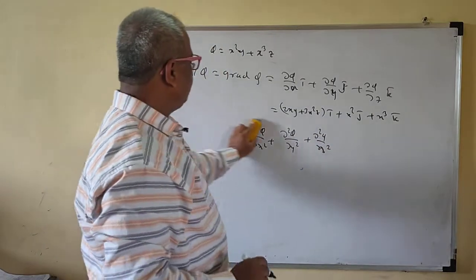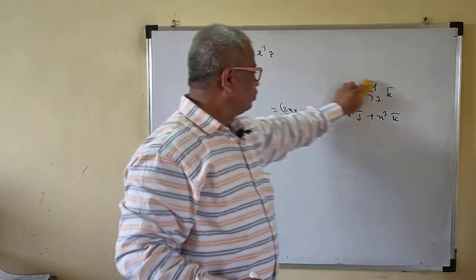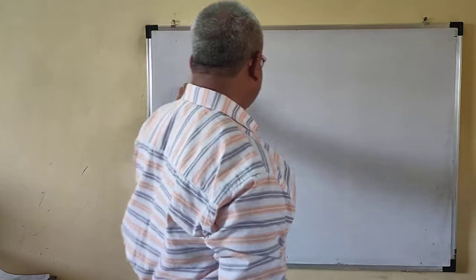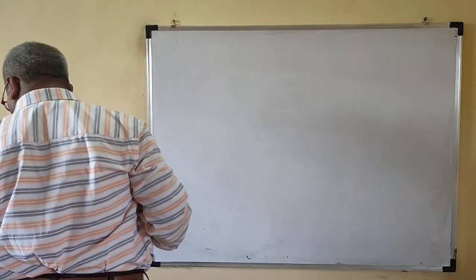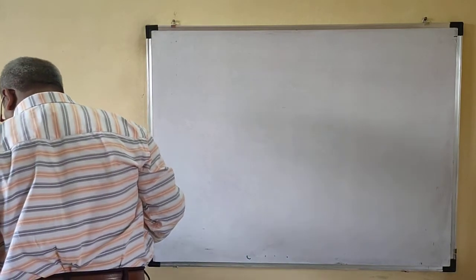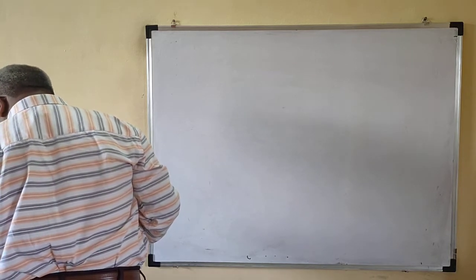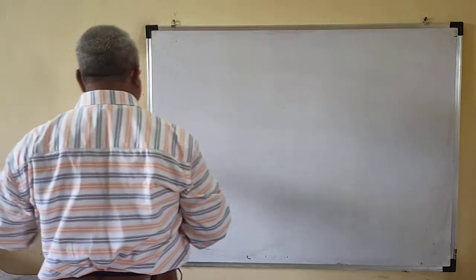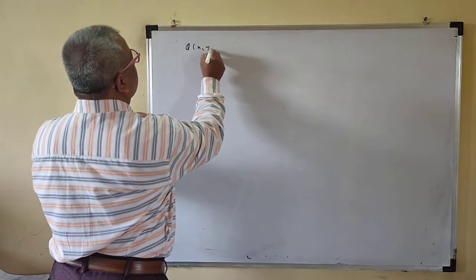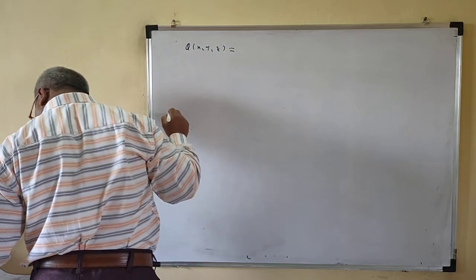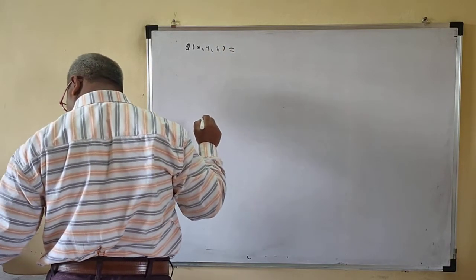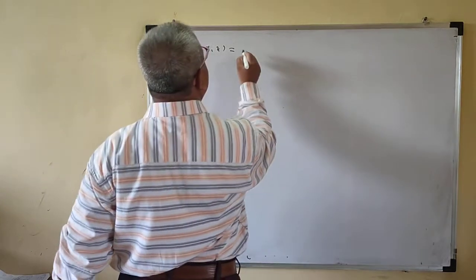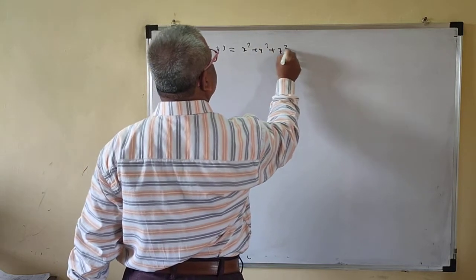So this is called the Laplace equation. Now suppose phi of (x, y, z) is x² + y² + z².